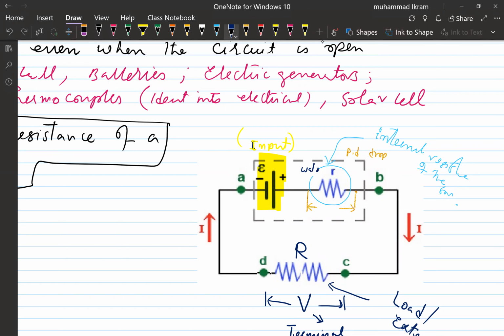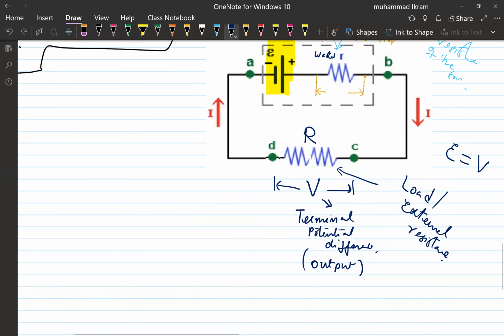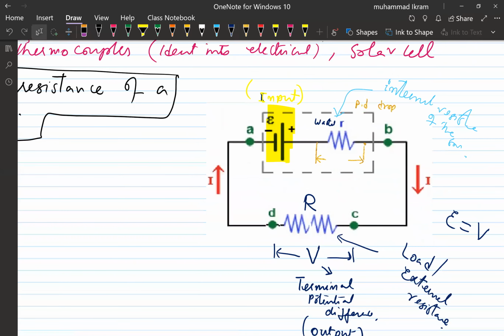So E can never be the same as V. Input can never be the same as output, because some of the energy we provide is utilized in overcoming the battery's internal resistance.